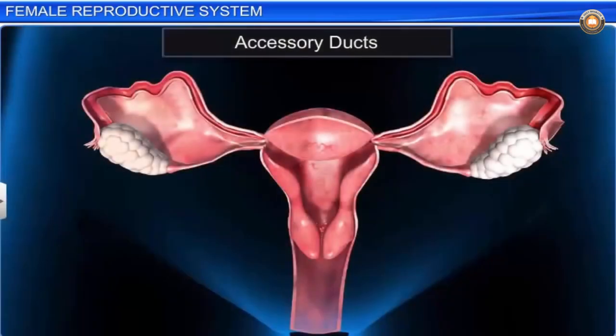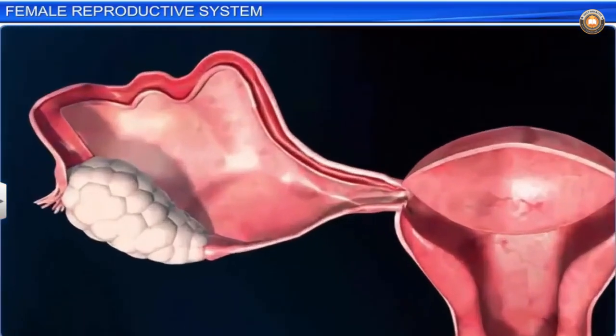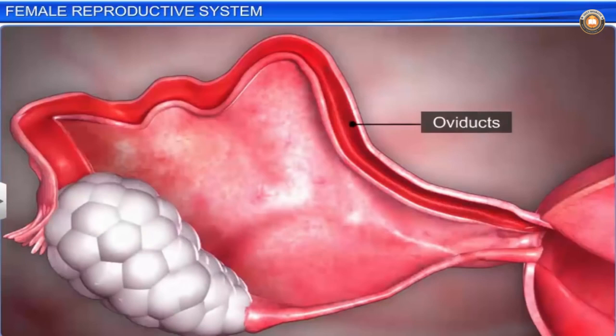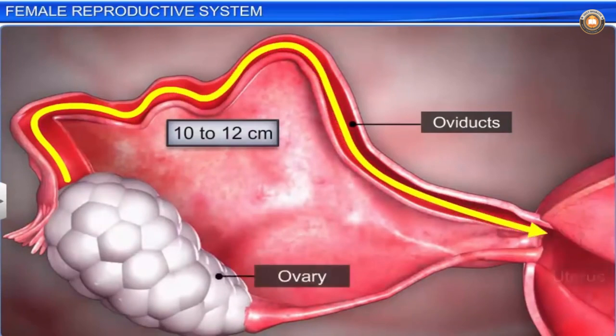The accessory ducts of the female reproductive system are the vagina, oviducts, and the uterus. The pair of oviducts or fallopian tubes is about 10 to 12 centimeters long and extends from the periphery of each ovary to the uterus.